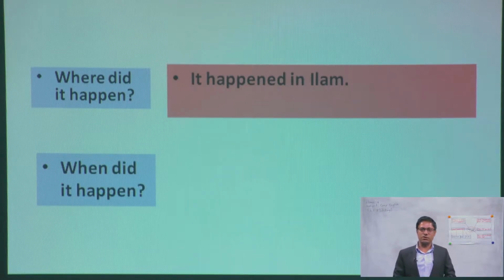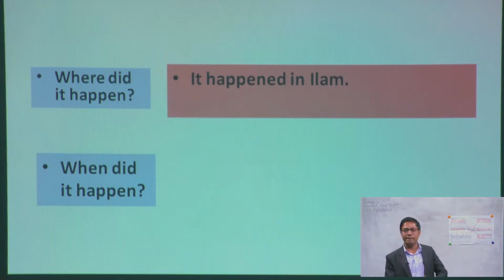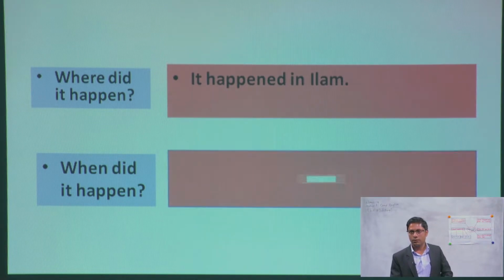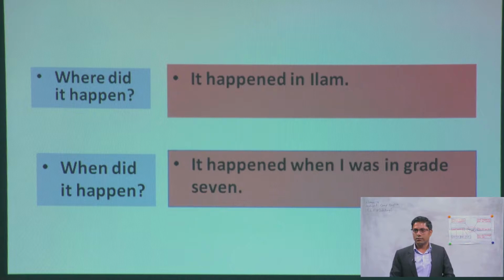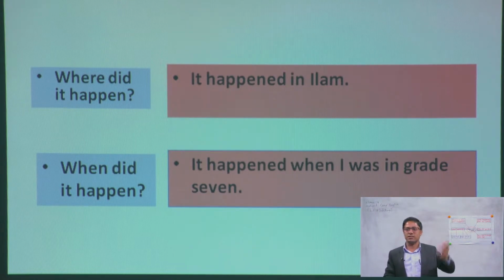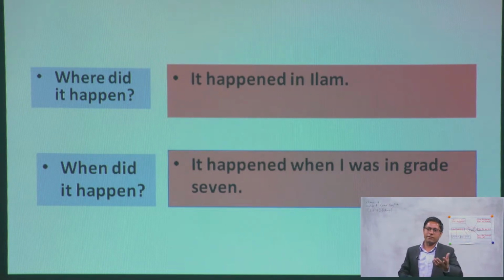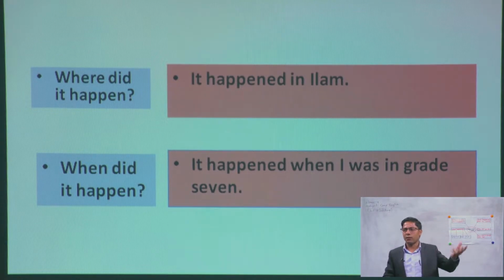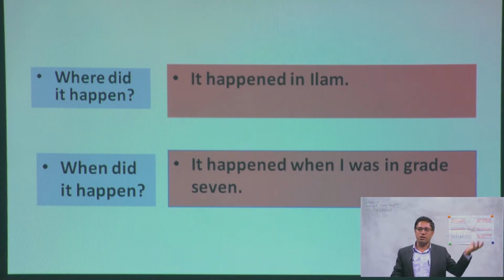Look at the next question. When did it happen? Think and write, recall and write it. It happened when I was in grade 7. This is one example. You can write, it happened when I was 10 years old. Or you can write, it happened when we went to watch a movie few years back.